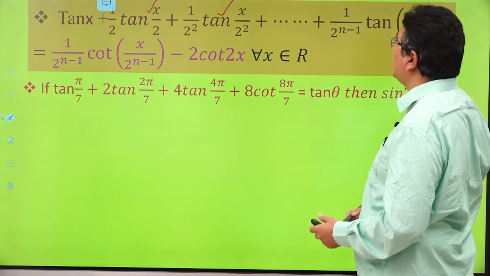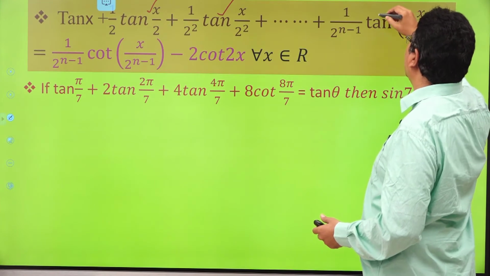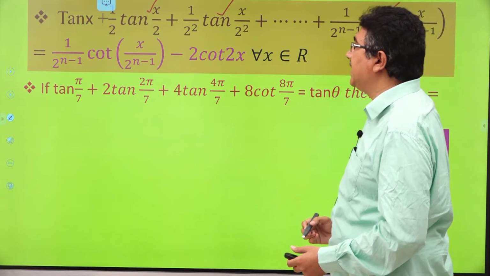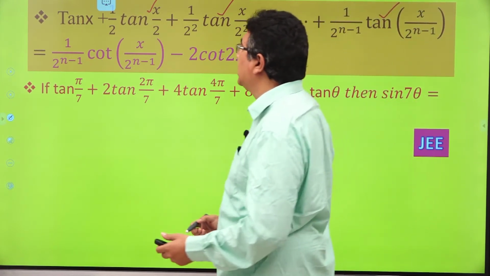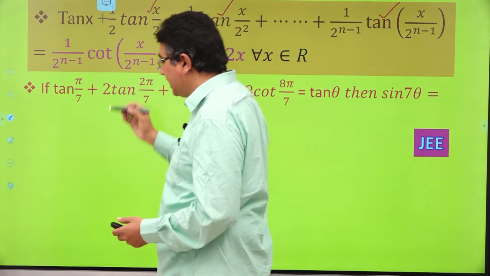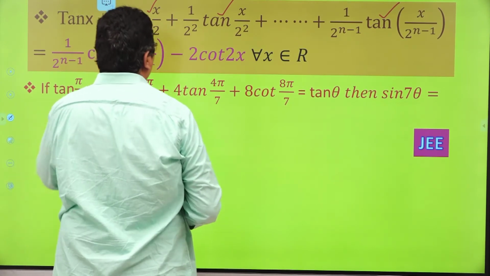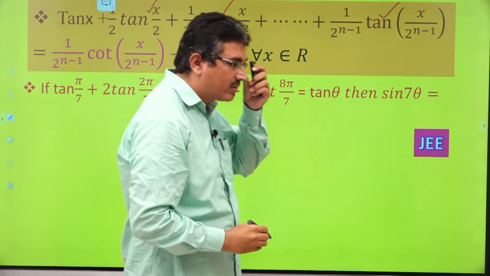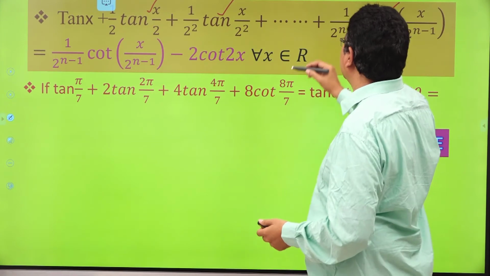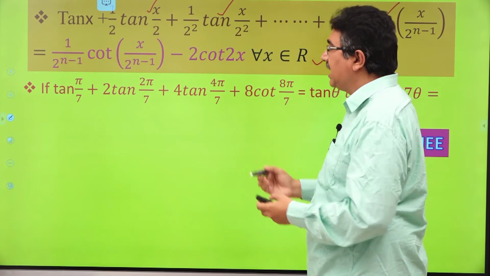The last term, 1 by 2 power n minus 1 tan of x by 2 power n minus 1, that is equal to, this is also derived from the previous formula, 1 by 2 power n minus 1 cot of x by 2 power n minus 1 minus 2 cot 2x. This is also very very useful. Okay, right? See the example.